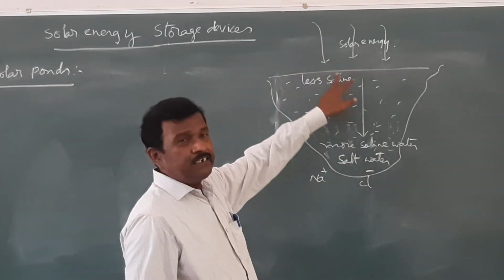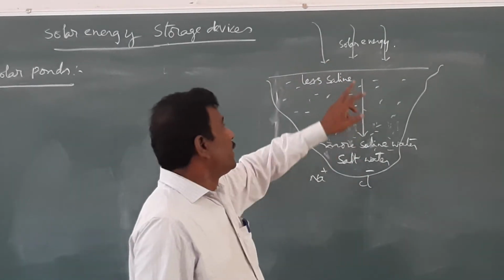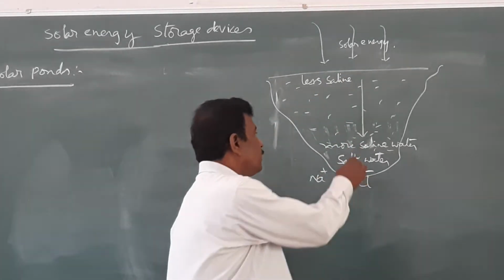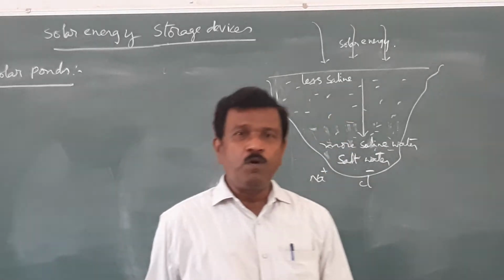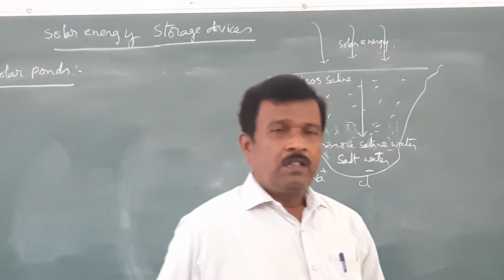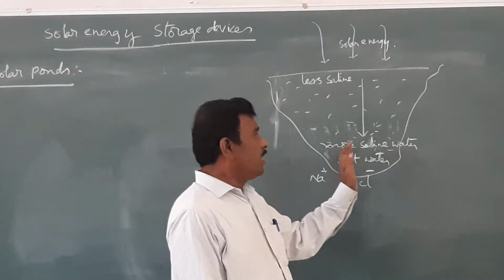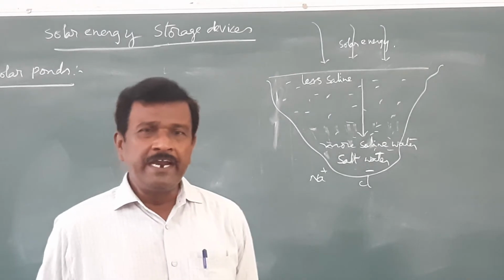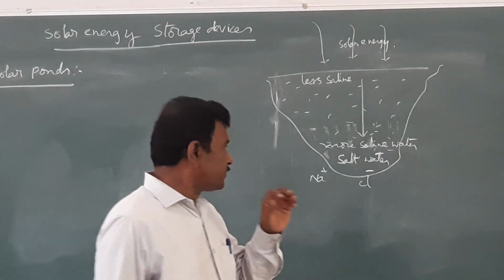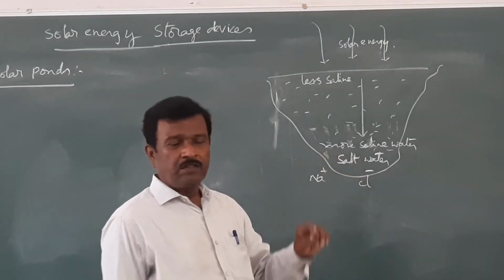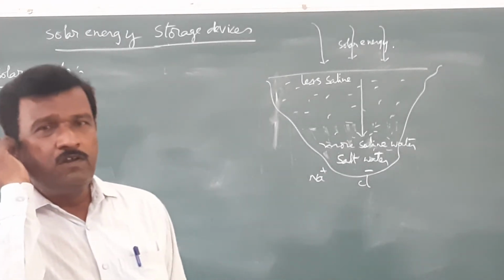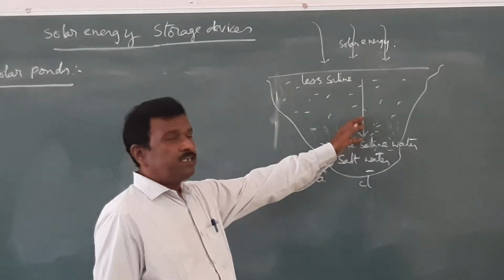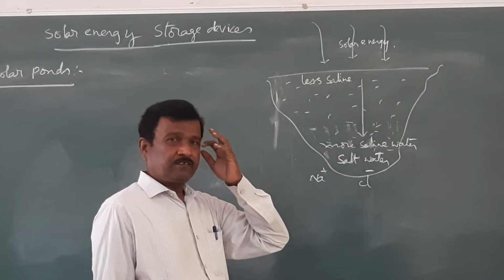When solar energy is incident on the ponds, it penetrates into the water and reaches the bottom where the salinity is more. There, the salt will undergo ionization. As a result of ionization, the energy will be stored in the solar ponds. This energy can be utilized for different purposes.